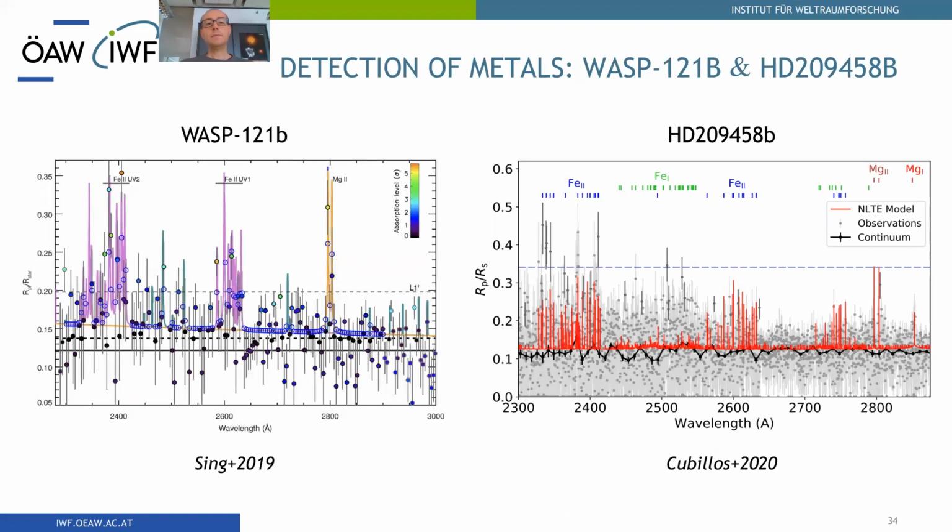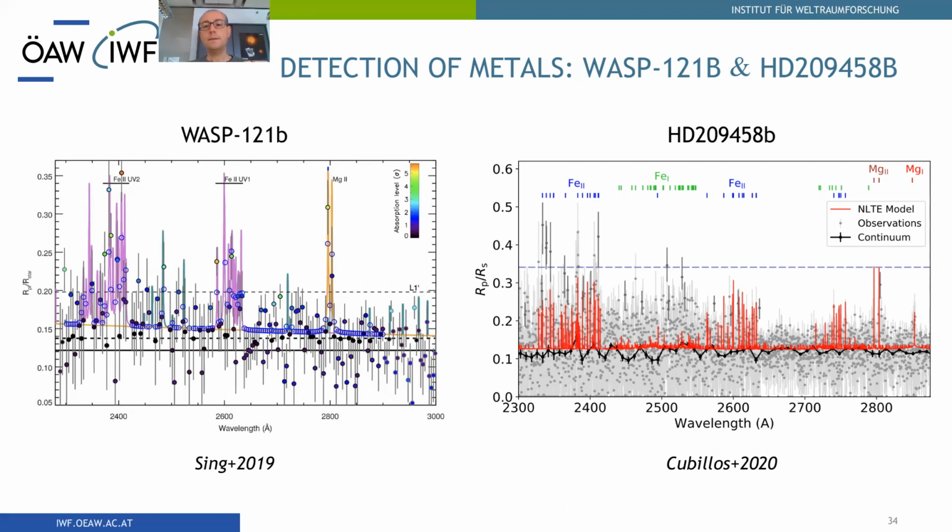It has taken time until the community realized the importance of near UV observations for studying upper atmospheres, but it has finally come. And this slide shows two very recent observations of another ultra-hot Jupiter, WASP-121b, showing the detection, again, of iron 2 and magnesium 2 in the upper atmosphere of the planet.